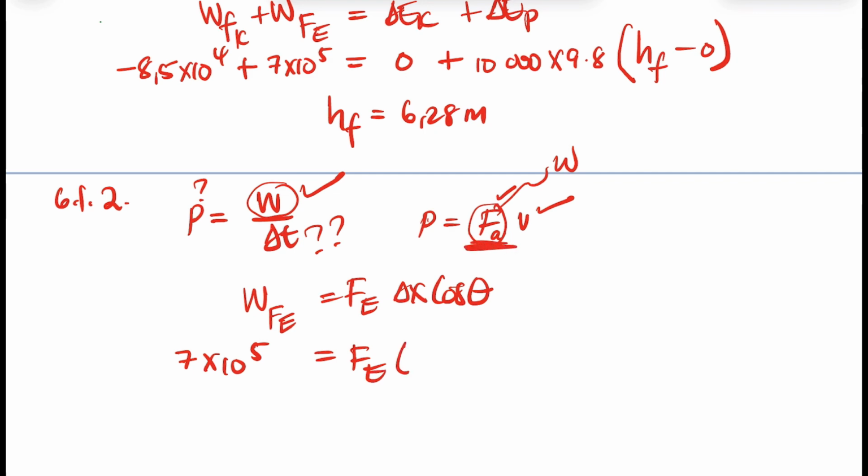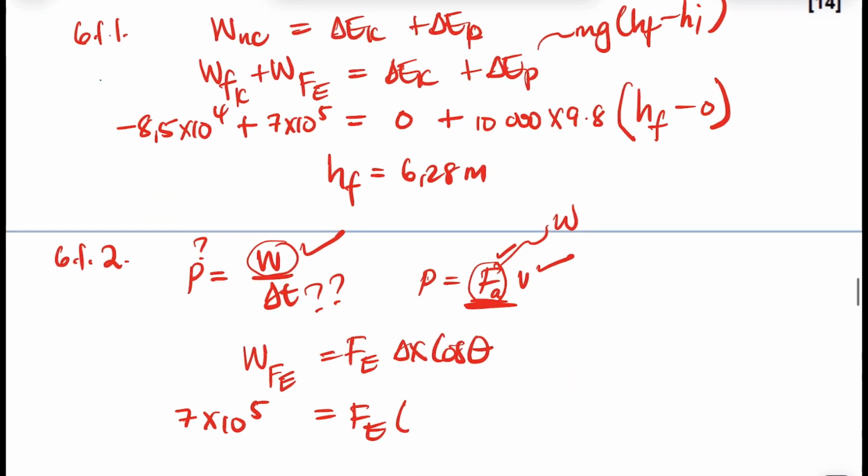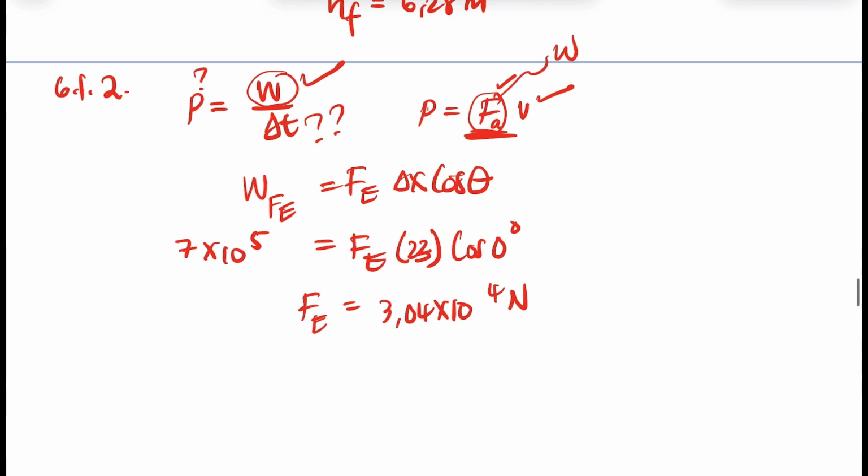The displacement is 23, and then cos 0. The force is going in the same direction as the displacement. So when we punch that in the calculator, you get the force of an engine with an answer that is 3,04 times 10 to the power of 4 newtons, right?